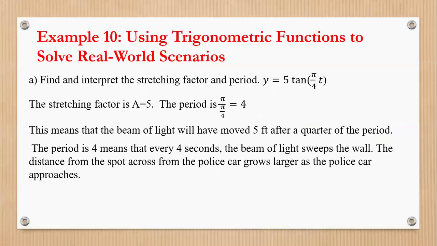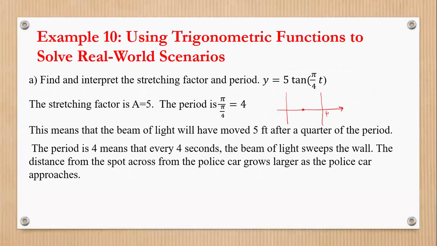The stretching factor is 5 means that the beam of light will have moved 5 feet after a quarter of a period. Why do we say a quarter of a period? We said that the period of this function is 4. And if you want to graph this function, your graph must be from 0 to 4.